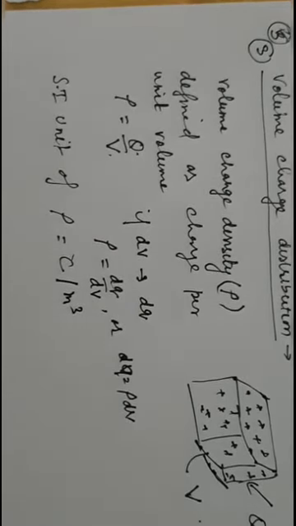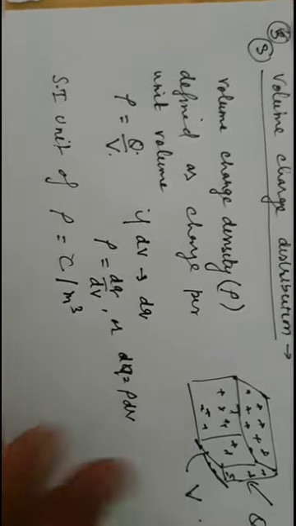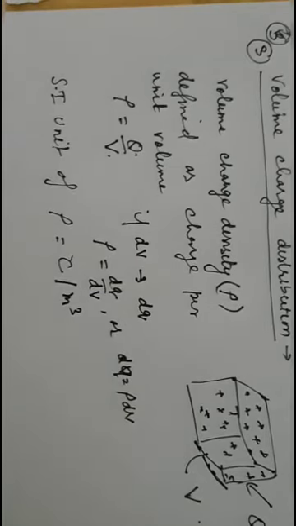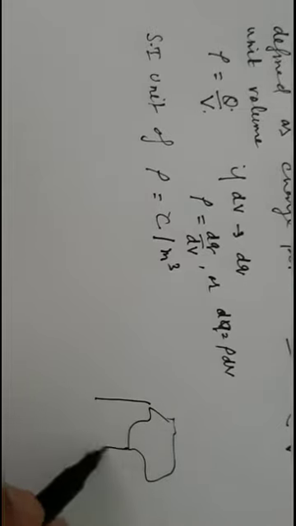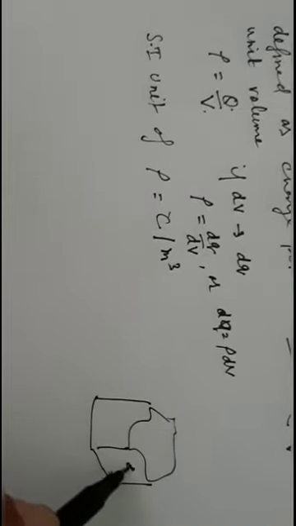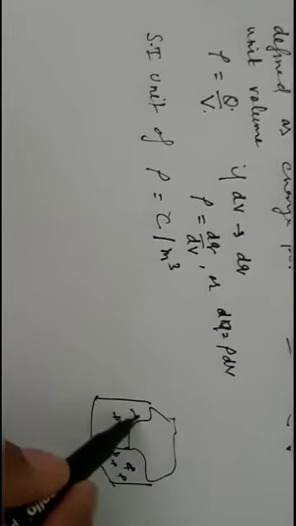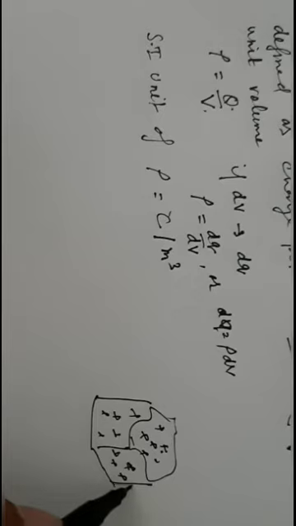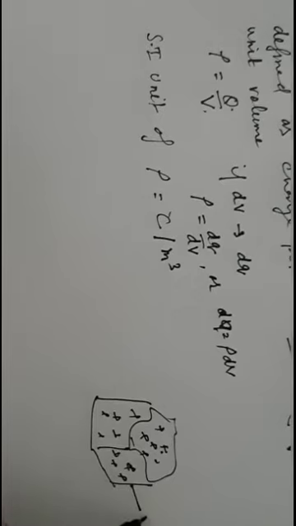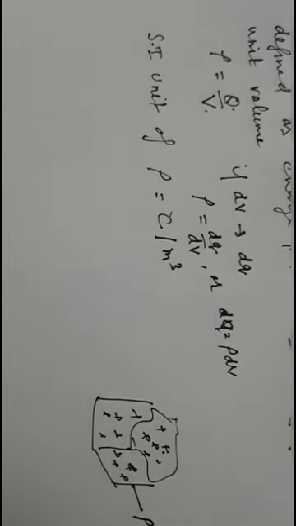Now next is how to calculate the electric field because of this kind of distribution. Let us discuss a case where there is an irregular shape of body and charge is distributed uniformly over the whole region, and the strength of the distribution of charge is represented by rho, that is volume charge density.